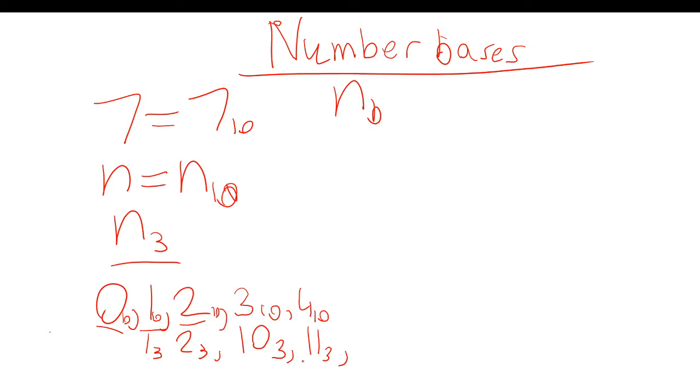Let's keep writing out the base 3 so we get practice with this. So 10, 11, 12 base 3. Again, we can't have 13 base 3, so we jump to 20. And this is 5 base 10, and this is 6 base 10.